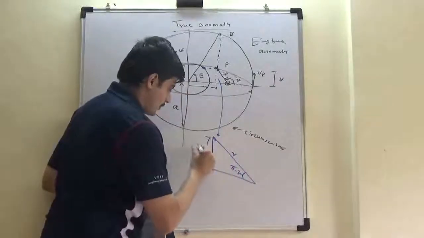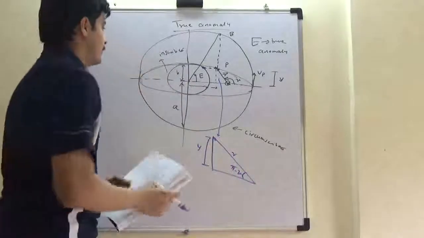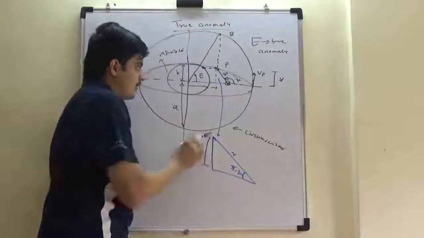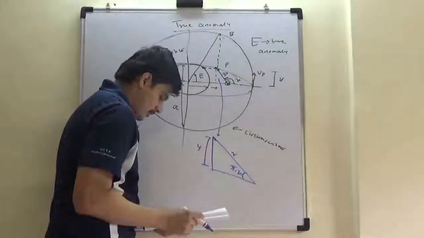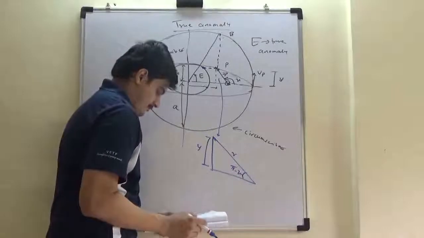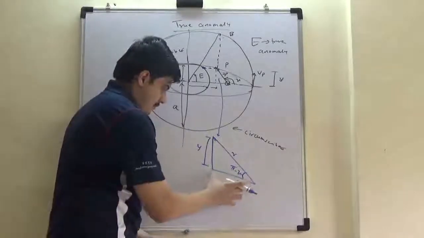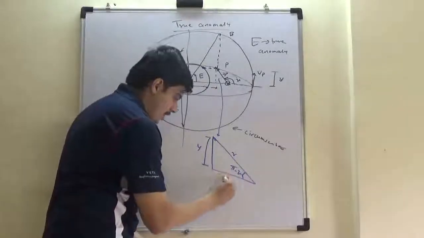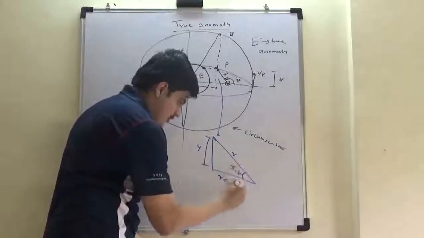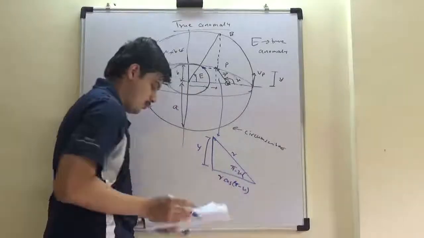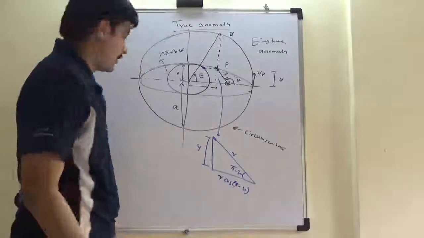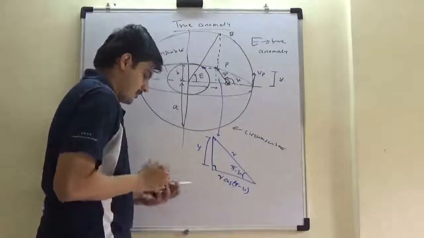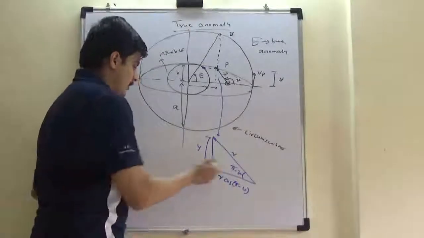This magnitude is y, and this magnitude, since I know the anomaly, is r cos of pi minus mu.